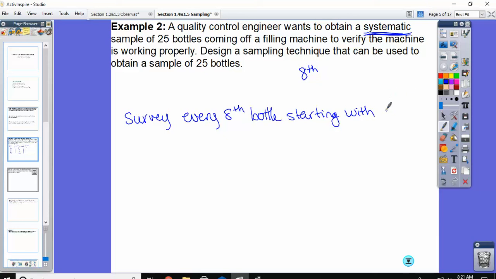It tells you where to start. So I might start with the 3rd bottle. And we are trying to get a sample of 25. So I'm going to start with my 3rd bottle, pick that one, then I'll do every 8th bottle from there until there are 25 bottles.